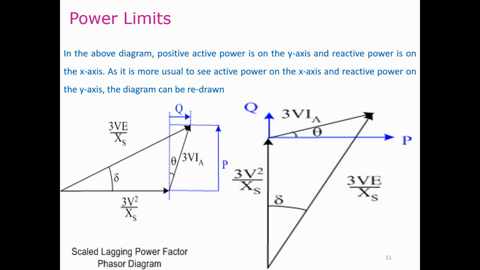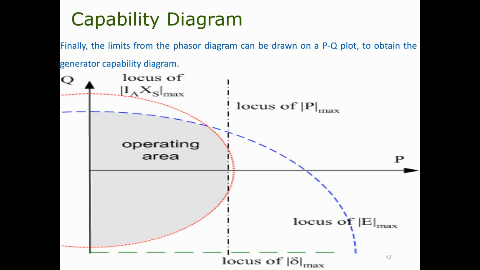By doing so, the power diagram can be redrawn considering the active power P on the x-axis and reactive power Q on the y-axis. Therefore, it becomes a capability diagram.